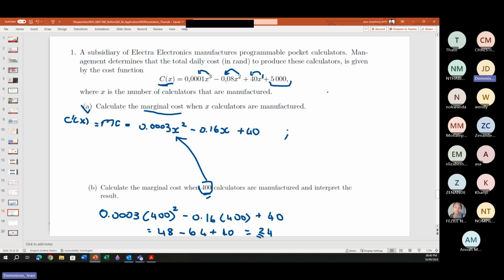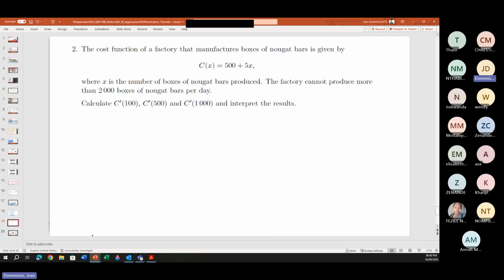So just be very careful, specifically when they ask you to work out the marginal cost by giving you that Q or giving you that X, that is what they will normally do.